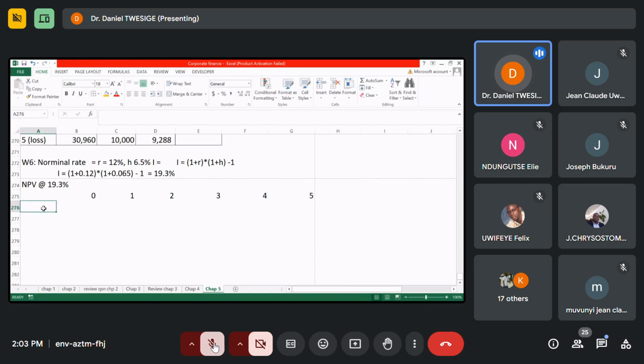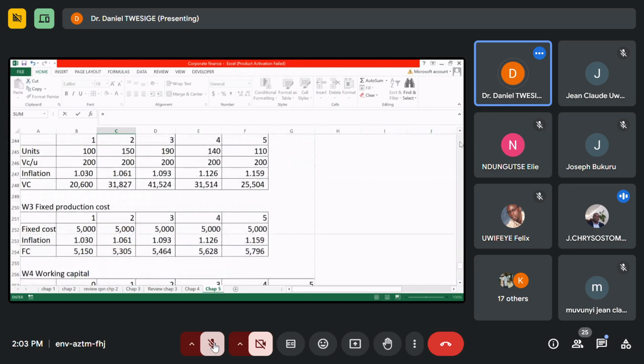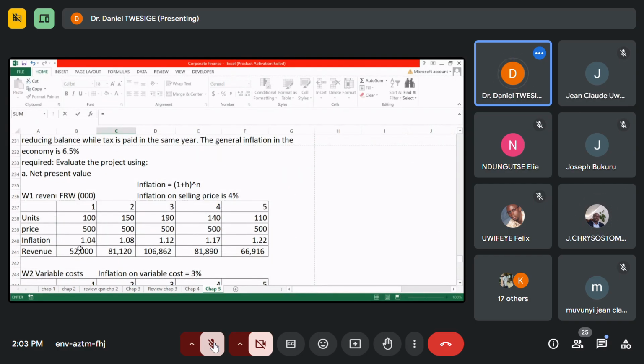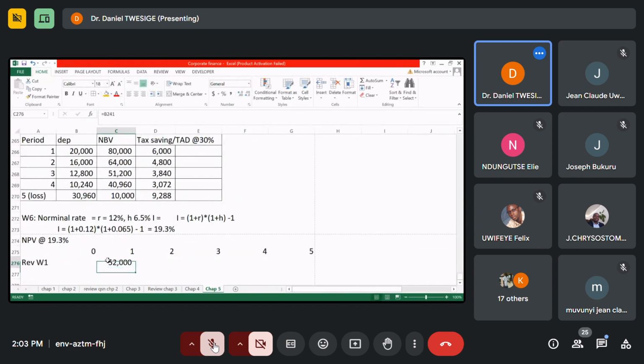So our revenue, that is working number 1. I'm going to copy. I think that is the revenue. Then my variable cost, which is working number 2, I can still copy.